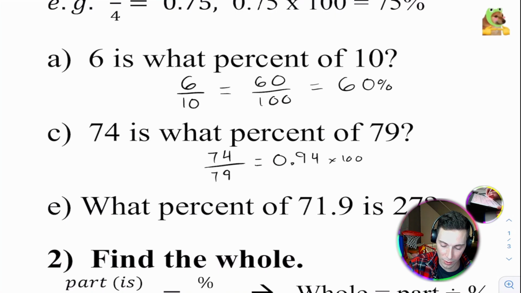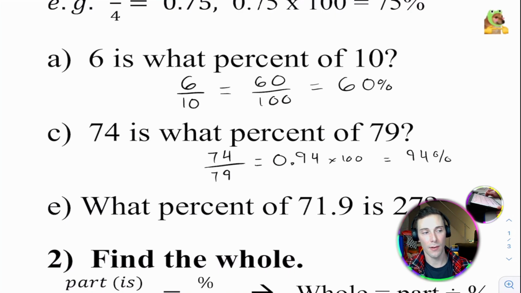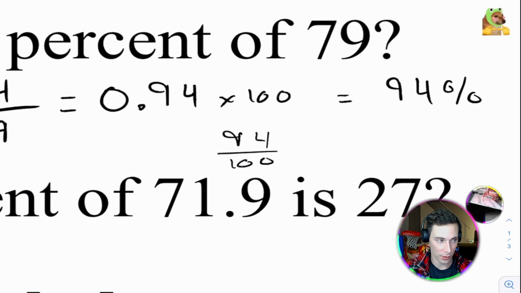Multiplying that by 100 is going to be equal to 94%. Yeah, there we go. You can also think of this as 0.94 is the same as 94 over 100, right? 94 hundredths.